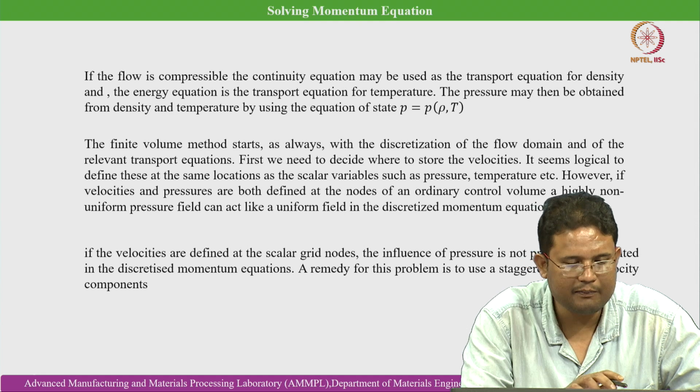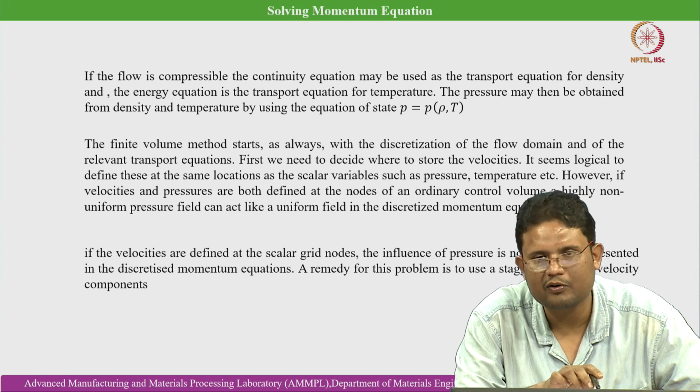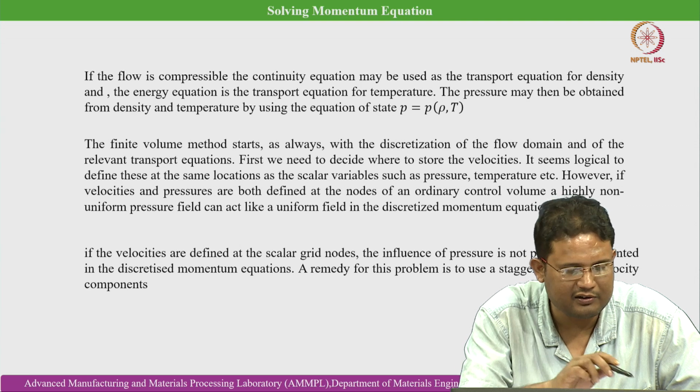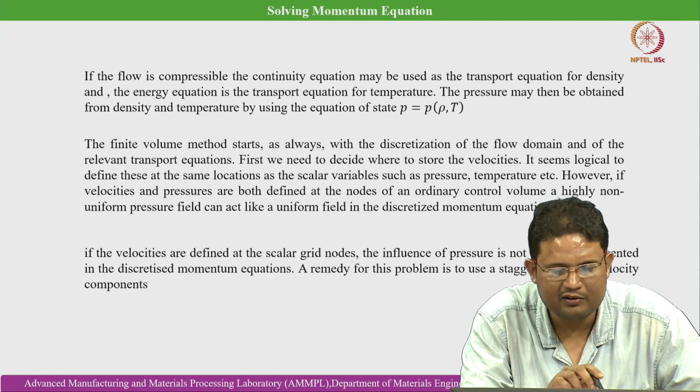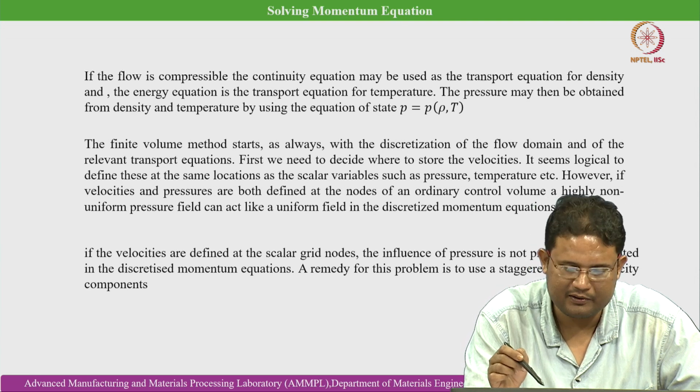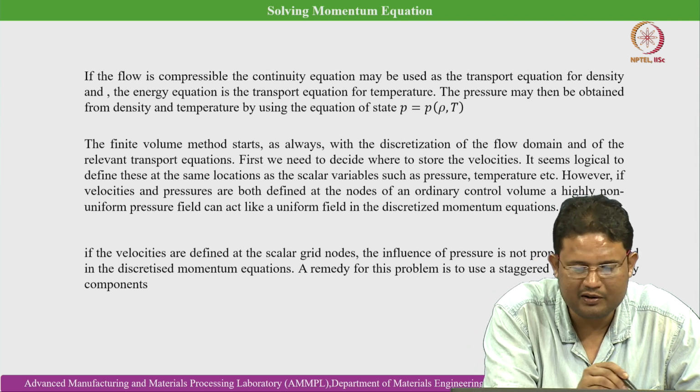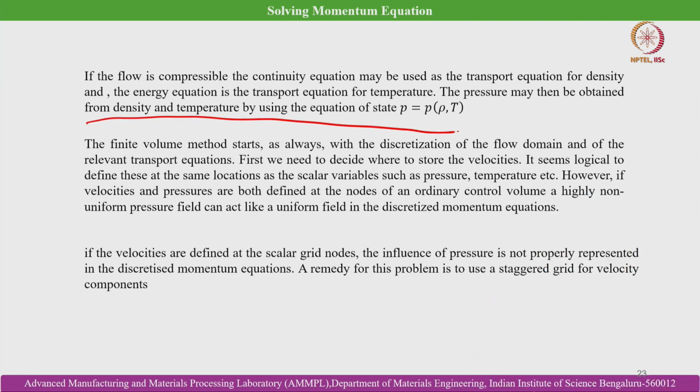If the flow is compressible, the continuity equation may be used as the transport equation for density, and the energy equation is the transport equation for temperature. The pressure may then be obtained from density and temperature by using the equation of state, that is p is a function of density and temperature, whereas that is not the case in incompressible flow.